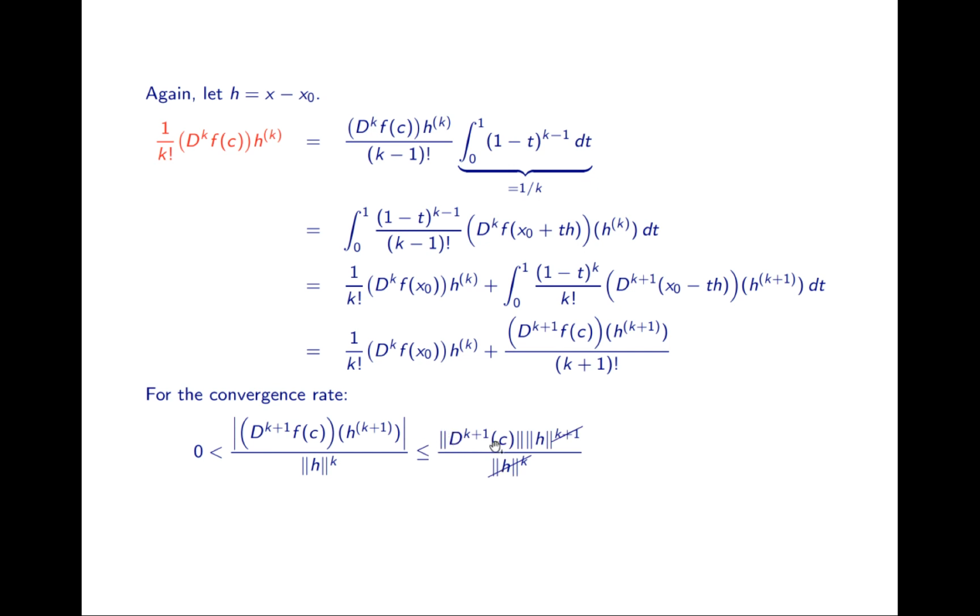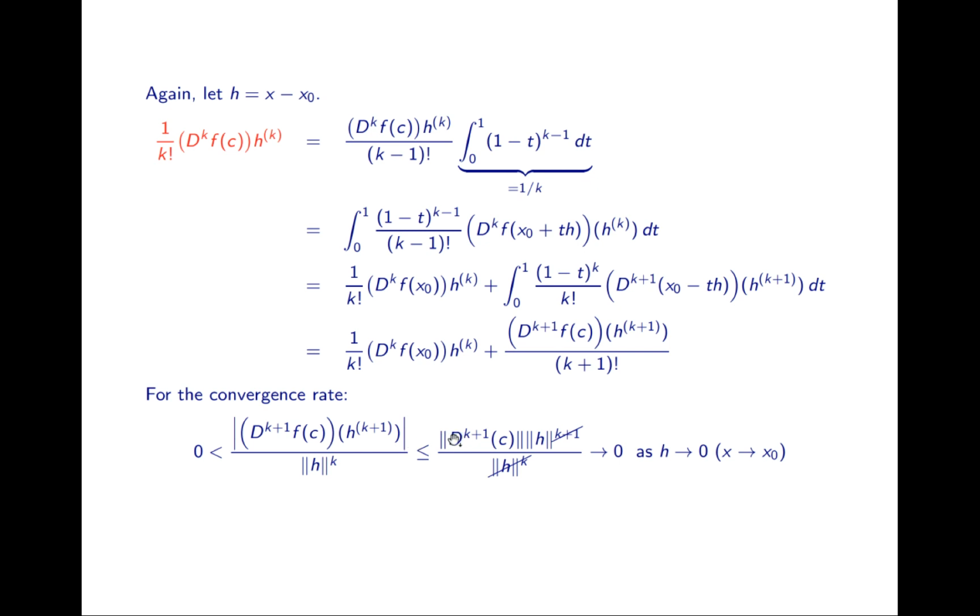Now, you may look at this and say, well, what do you mean by the norm of d to the k plus 1 of c? Well, d to the k plus 1 of c we could think of as a k-linear operator, or an operator that maps k vectors linearly in each argument.